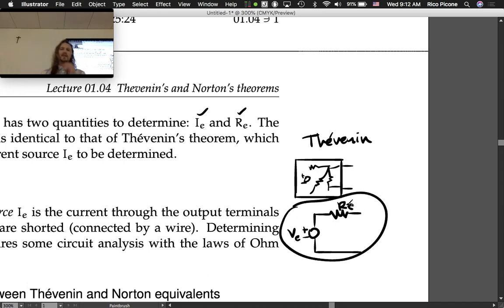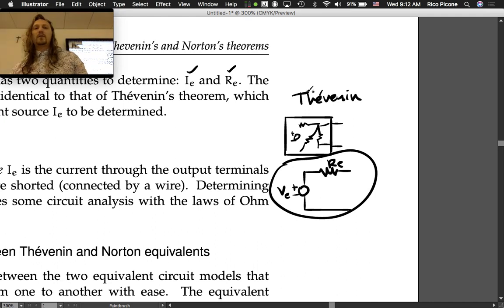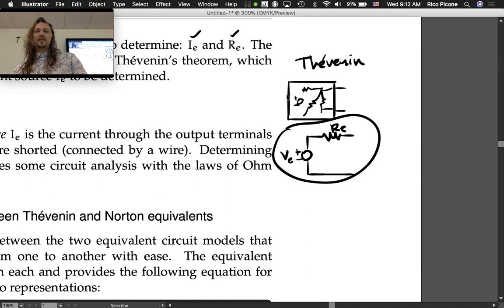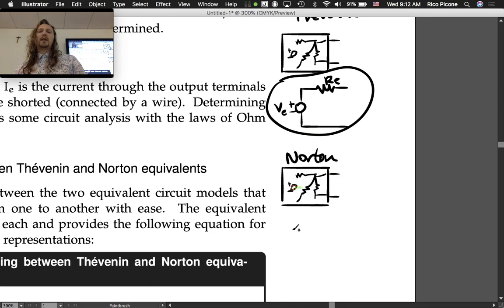Okay? Thevenin says that. Norton says, oh, okay, we're going to take the same starting point here, and we can replace the same thing. I'll give it a little bit more space. Norton says, same starting point, but this time we're going to put in a current source.